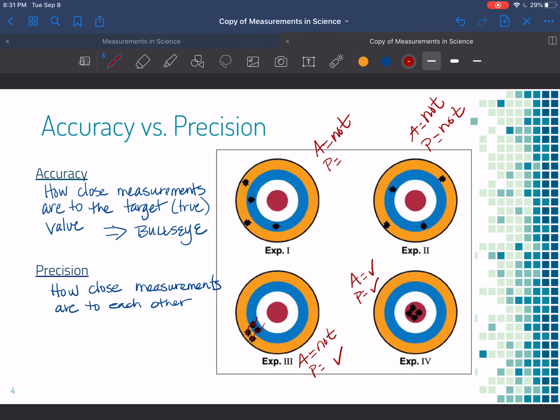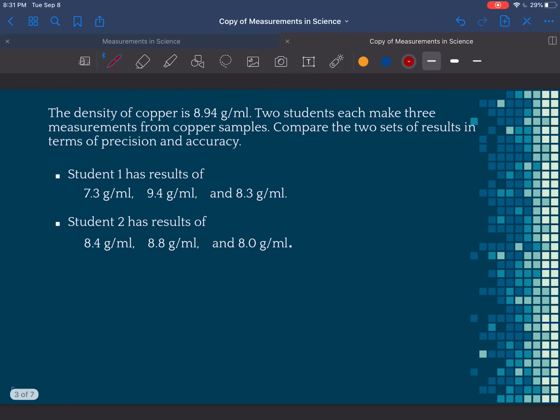What does accuracy and precision look like in an actual lab or science classroom? Well, here's an example of something you might be asked to evaluate. You might be asked to measure some things and then calculate or determine your own accuracy and precision. So 2 students were given a sample of copper and they were asked to measure its density 3 different times and then compare what they got to the accepted value of 8.94 grams per milliliter.